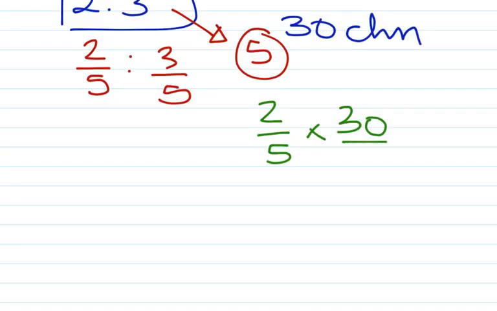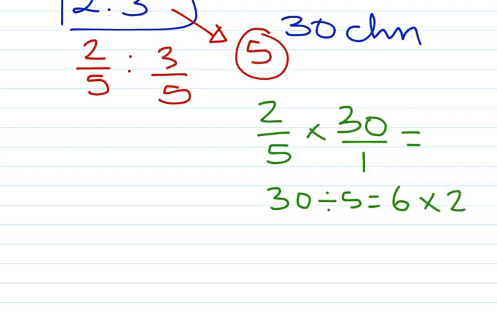If you remember how to multiply a whole number by a fraction, there are various ways people use. I will quickly use the most common way that children like to see. 30 divided by 5 gives us 6. When we get our answer, we times it by the numerator, that numerator 2, and so we know that 12 of the children are boys.